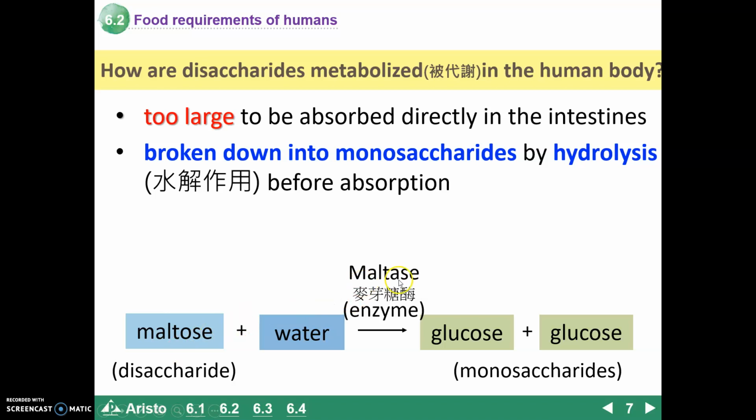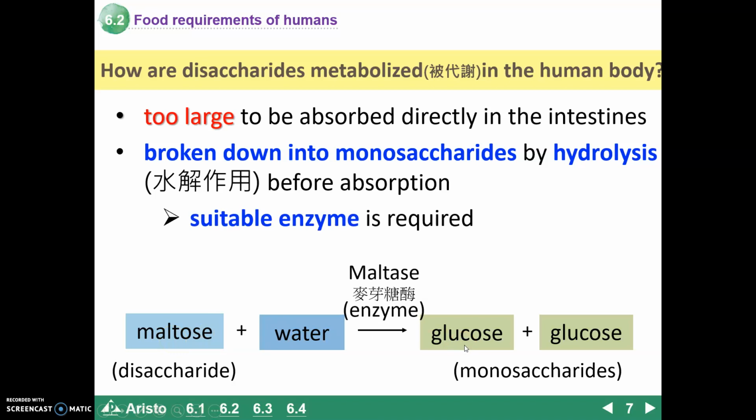The enzyme is called maltase. Ending with -ase is a kind of enzyme, and this maltase is specific for maltose, to break down maltose only. In the presence of water and this specific enzyme, maltose can be broken down into 2 simple molecules, 2 glucose molecules. One double sugar becomes 2 single sugars.